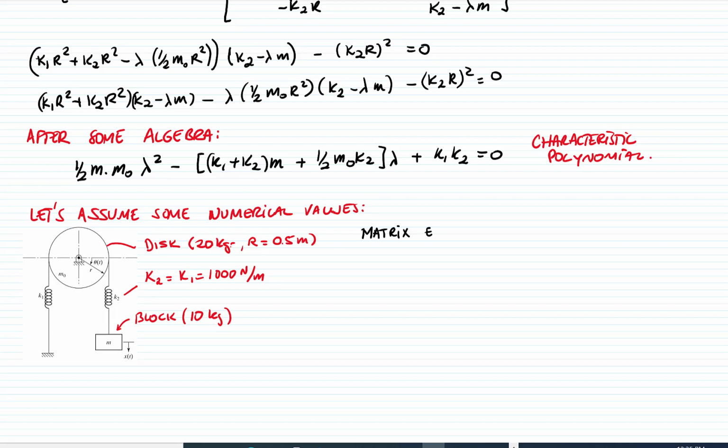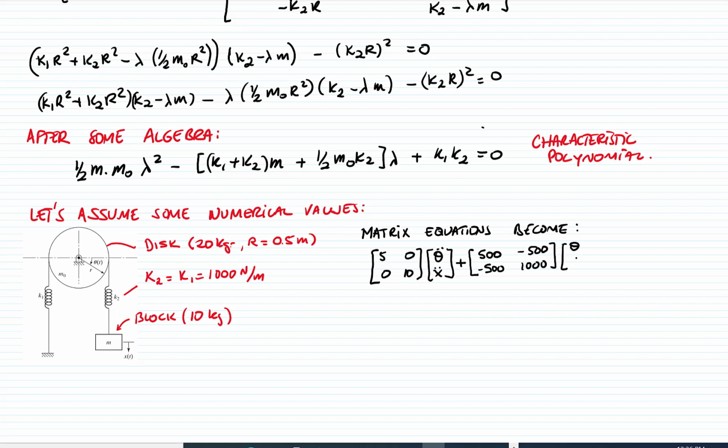So my equation of motion in a matrix form looks something like this. One half of m r0 is equals to 5, and the mass of the block is 10. This theta 2 dot x 2 dots, and this stiffness matrix is equals to 500, negative 500, negative 500, and 1000.